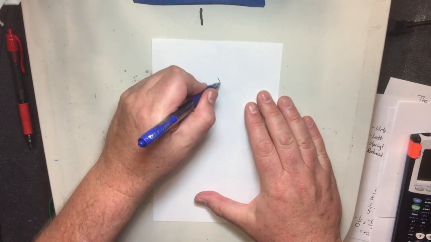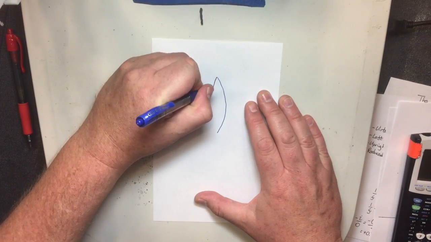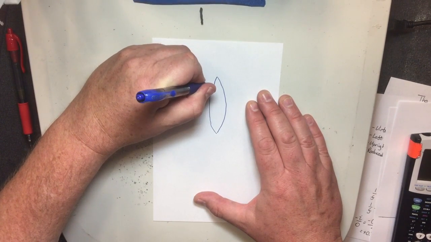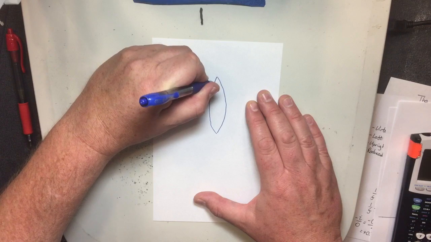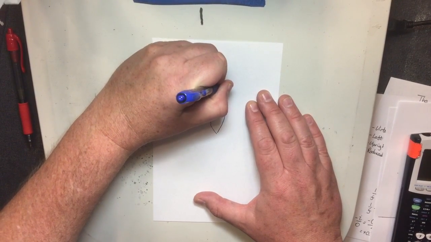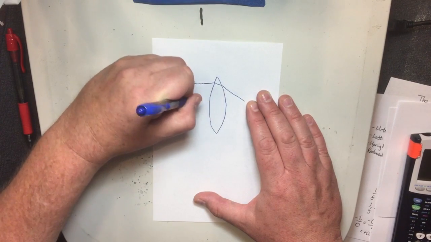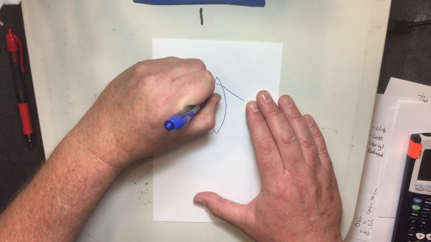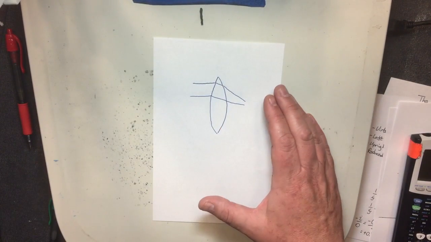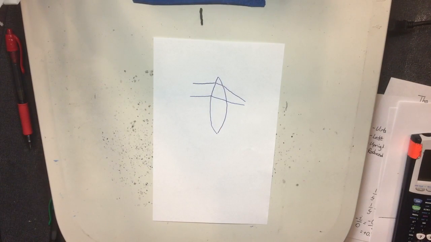A convex lens is like this. So it's going to refract a little bit and do it twice. It's just not functional to draw it that way with a human hand.